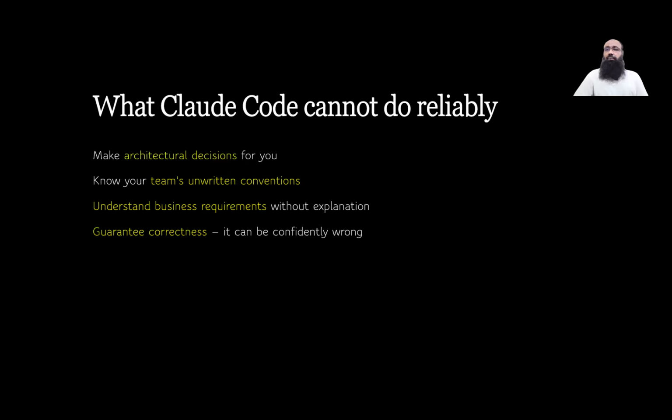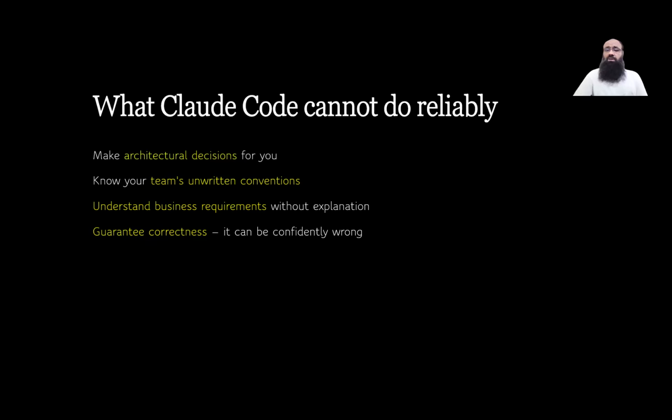Then comes guaranteed correctness. This is one of the major things, and it can be a game changer for you. If you are not very well versed in a specific framework or language, the generated code would seem like very well written code following certain patterns and so on.